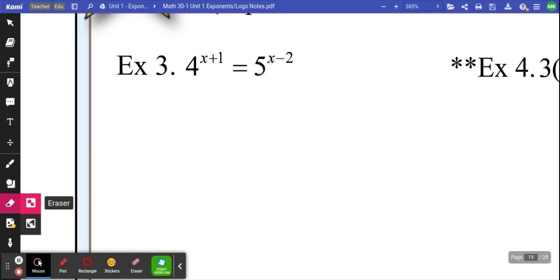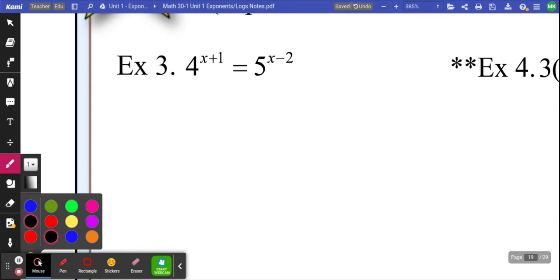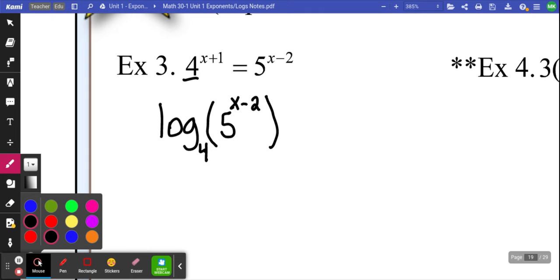is if I change this to be a log, that's good, the 4 would go there. That's fine. But now I have an x stuck inside the log, which becomes a bit of an issue for us.